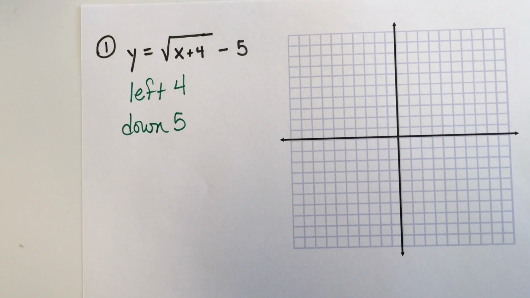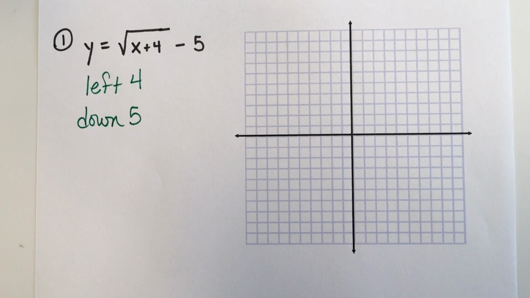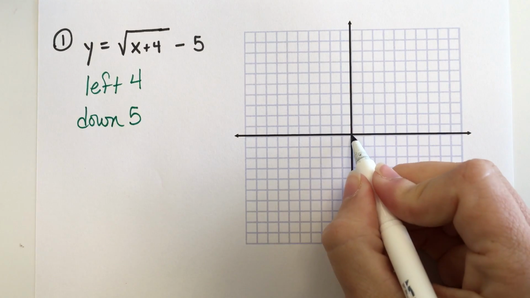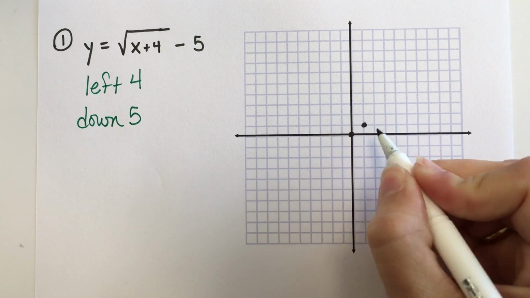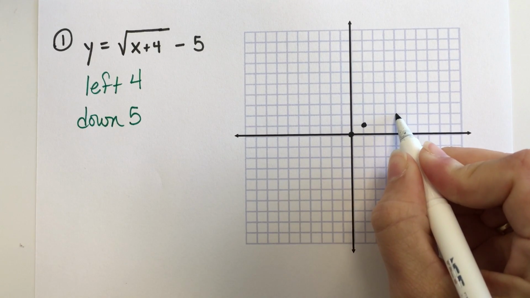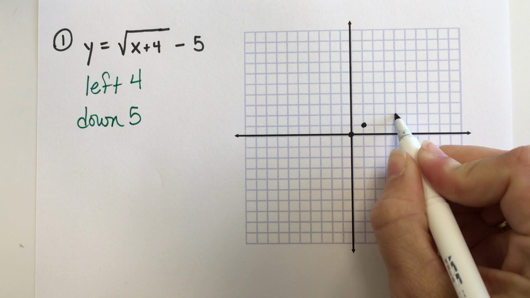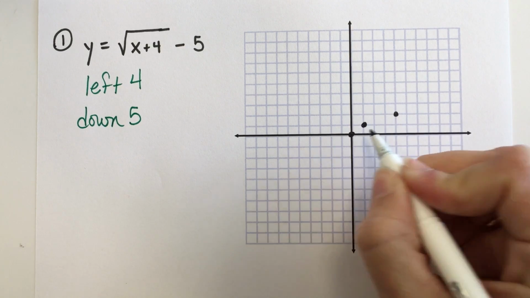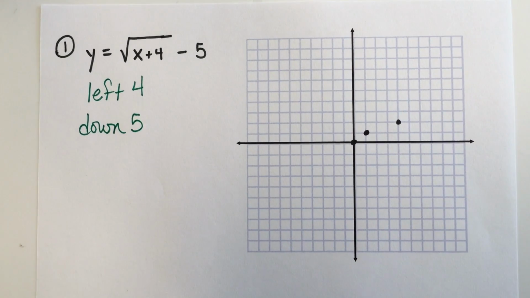All right, this being the square root, you're going to start out with the 3 points that I gave you. That was (0, 0), (1, 1), and (4, 2). Now, I'm not going to connect them up. I'm just going to wait and connect everything up when I'm finished. All right, first of all, let's go to the left 4.